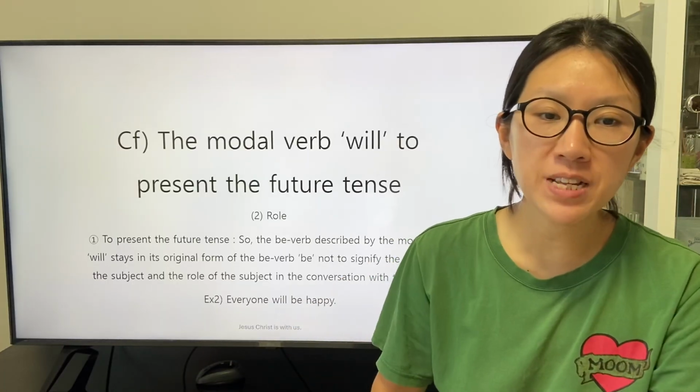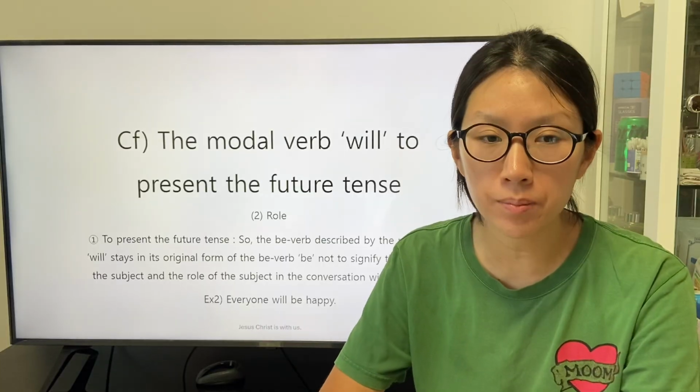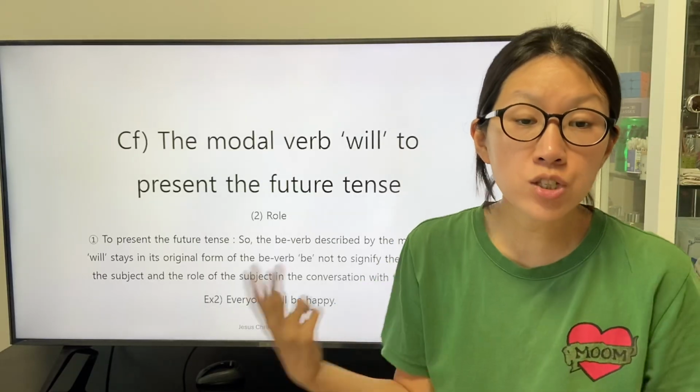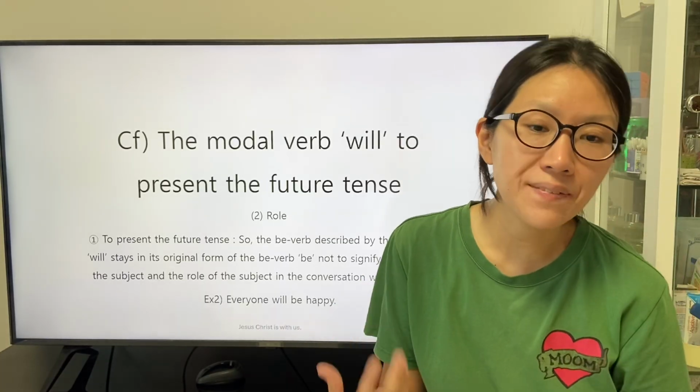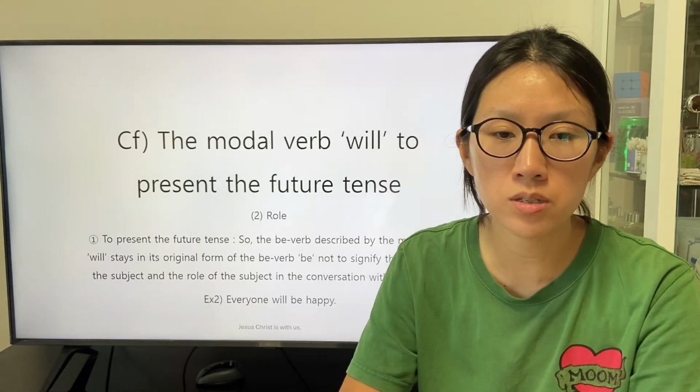So the be verb described by the modal verb will stays in its original form of the be verb be, not to signify the number of the subject and the role of the subject in the conversation with the speaker.